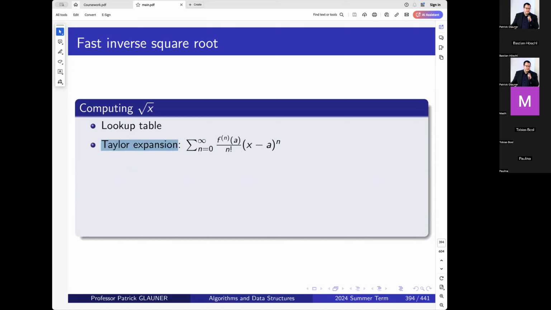For example, we can use Taylor expansion. So Taylor expansion allows us to approximate a function. Are you all familiar with the Taylor expansion, say from your Maths 1 or Maths 2? Maybe thumbs up or thumbs down if you know the Taylor expansion, or if you don't know it. So everyone seems familiar with the Taylor expansion.